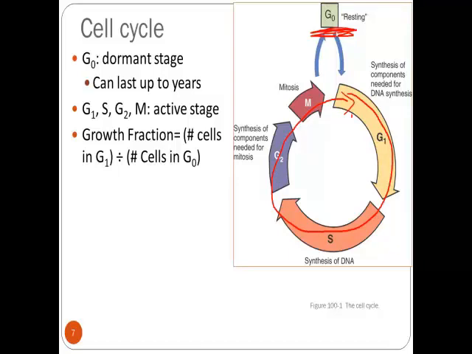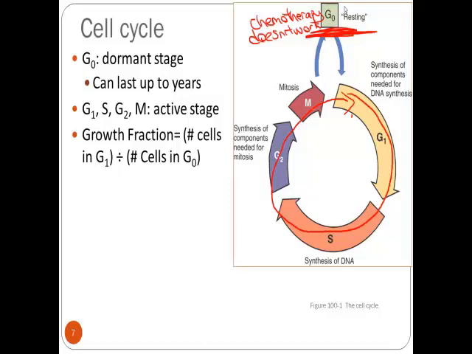So when a cell is in the resting position, chemotherapy doesn't work, right? And sometimes cells can be in the G0 resting state for up to a few years, right?